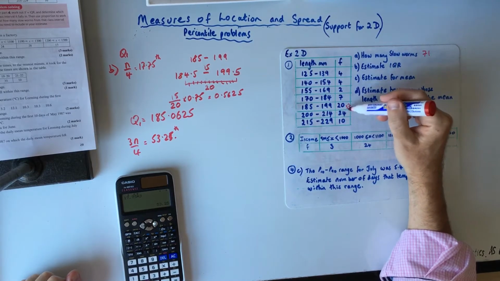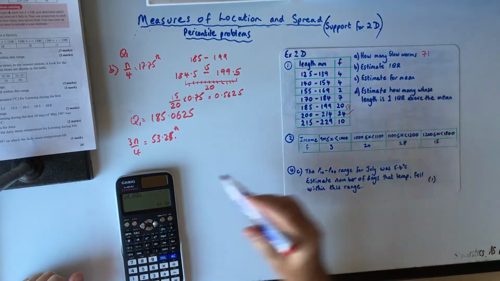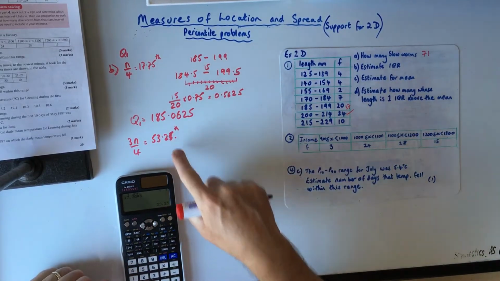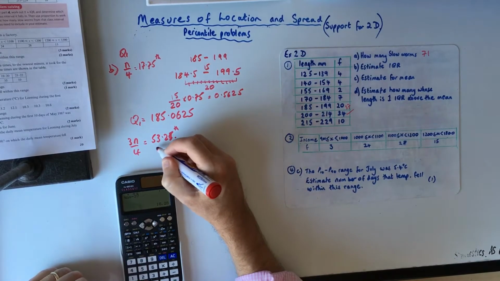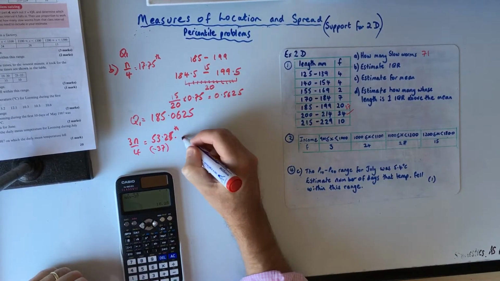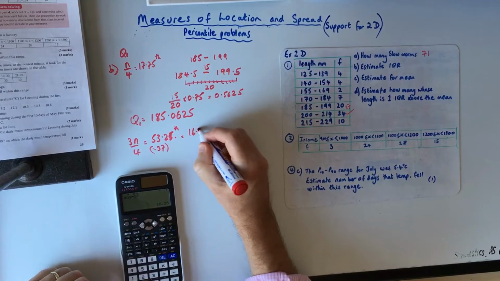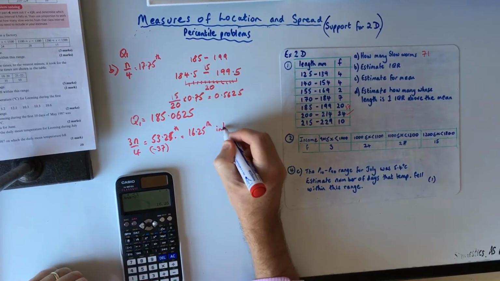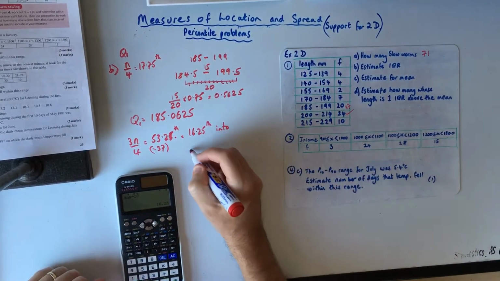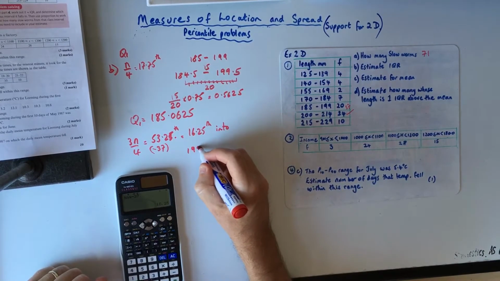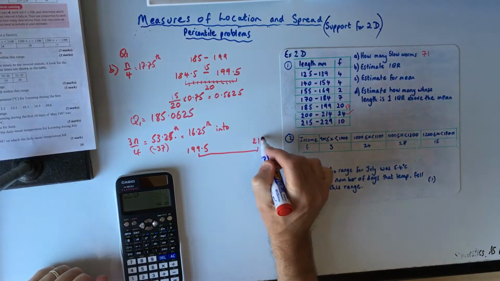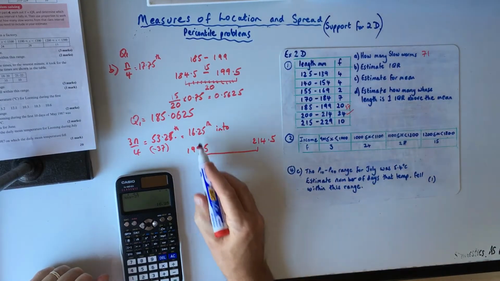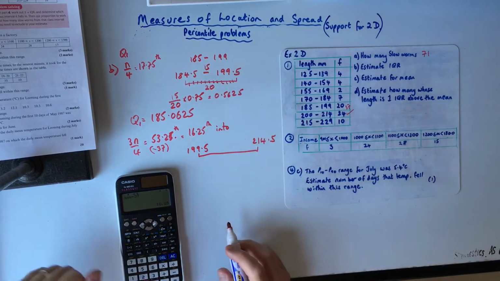So 37, so it's in this group here. If we take off the 37 from the previous groups, it's the 16.25th term into this group here. That group is, being careful of the limits, 199.5 to 214.5, and we want the 16.25th term in that.